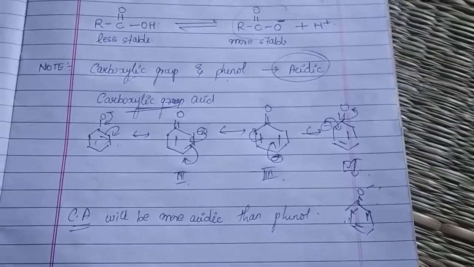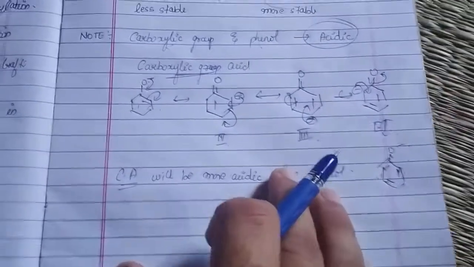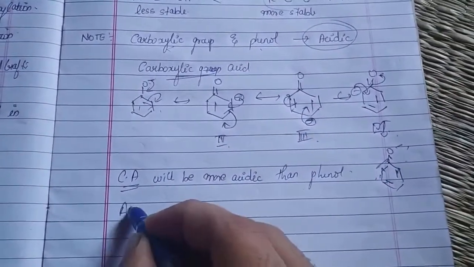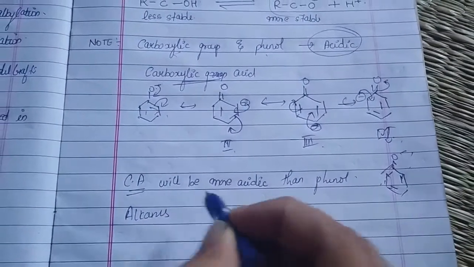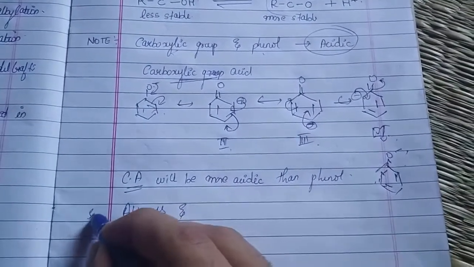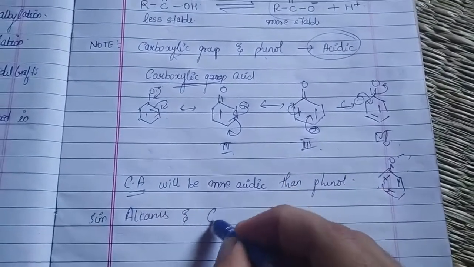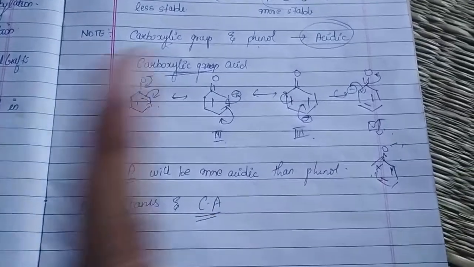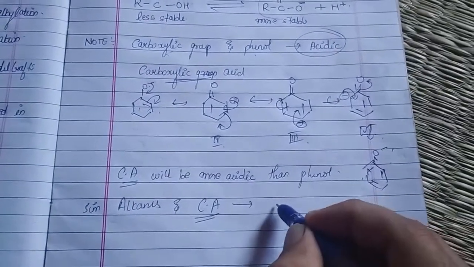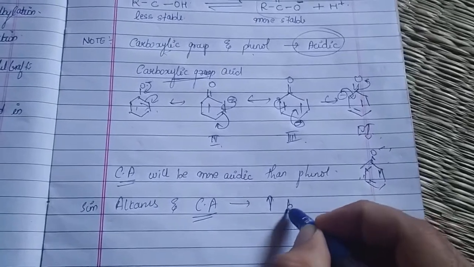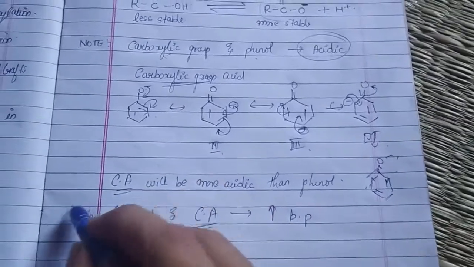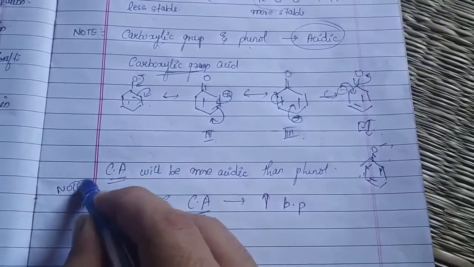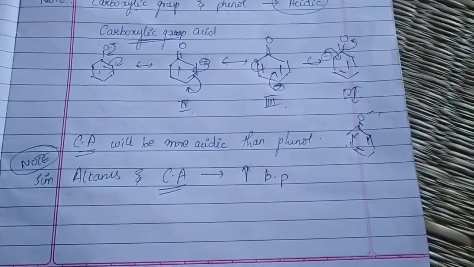So keep this one in your mind, one important note. Coming to another aspect, when compared to your alkanes, that is the similar molecular mass alkanes and your carboxylic acids, remember your carboxylic acids will be having the higher boiling point. It's one important note with respect to the physical properties of carboxylic acids.